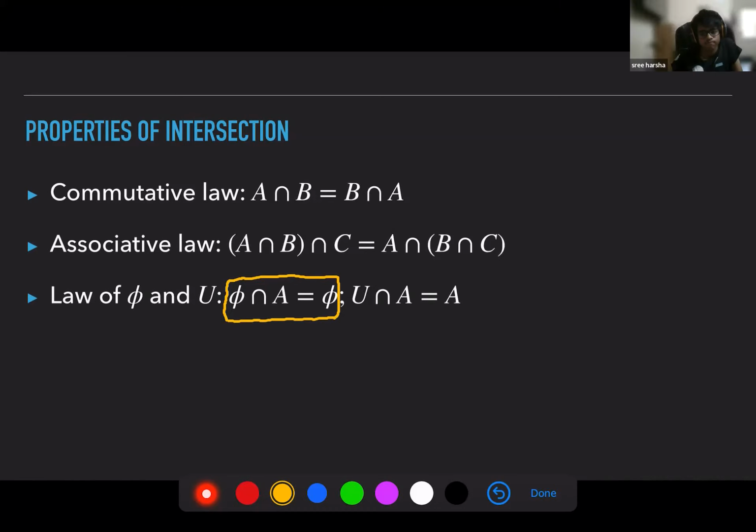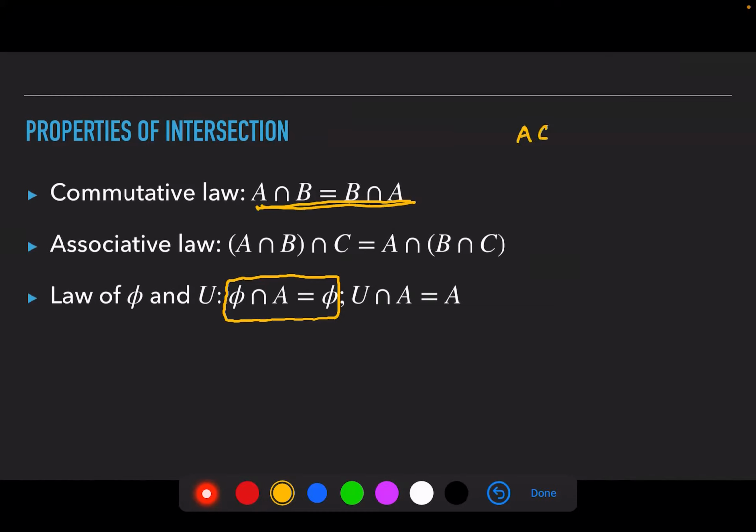Now, suppose I consider A intersection B. Can I say A intersection B is a subset of A?